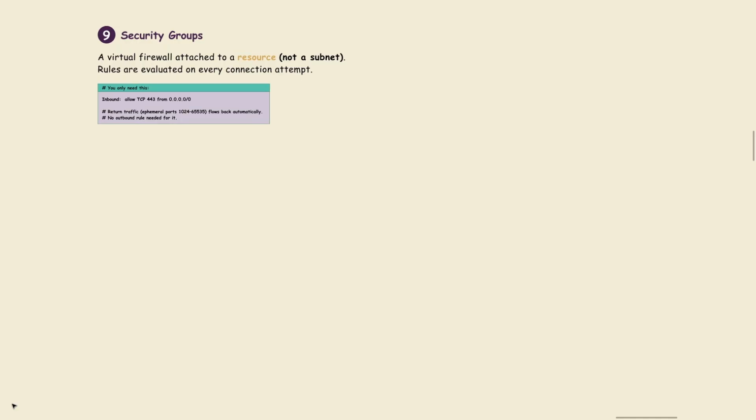For example, you might configure inbound rule port 443 from 0.0.0.0/0. This simply means allow HTTPS traffic from anywhere on the internet. That resource now accepts secure web traffic, but nothing else unless explicitly allowed.